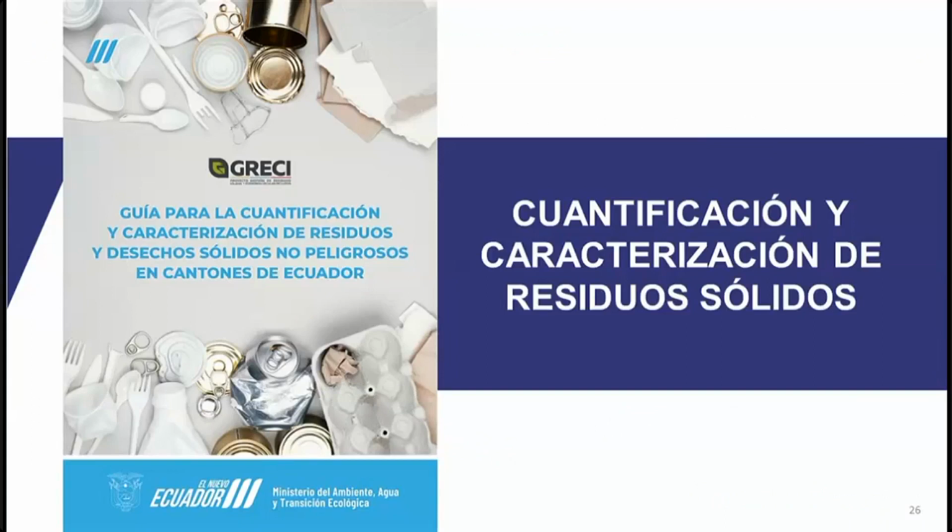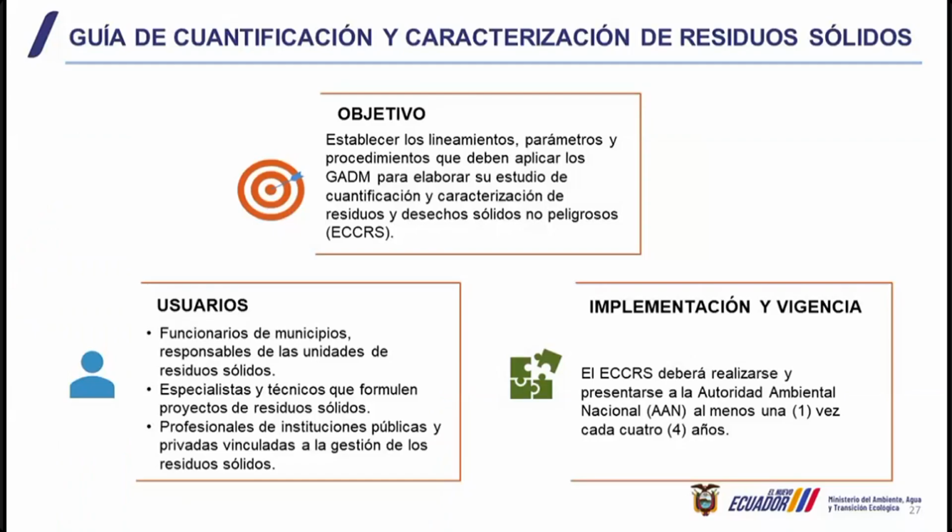Tenemos entendido que en la serie de talleres anteriores, de los webinars, se han tratado temas que tienen que ver con la caracterización de residuos sólidos. Esta es una guía destinada hacia los municipios, que tiene como objetivo establecer lineamientos y parámetros estandarizados que deben ejecutar los municipios para formular los estudios de caracterización de residuos sólidos.